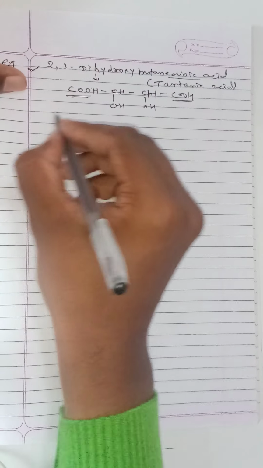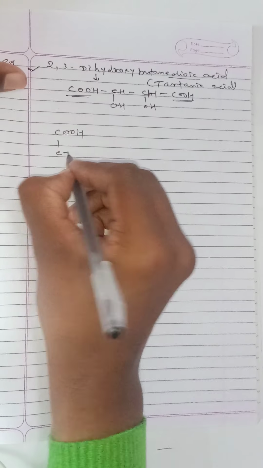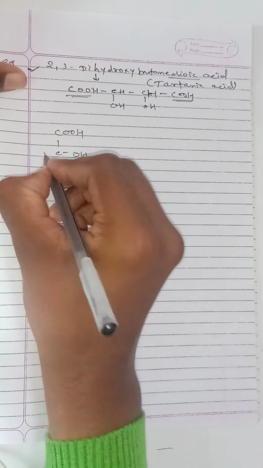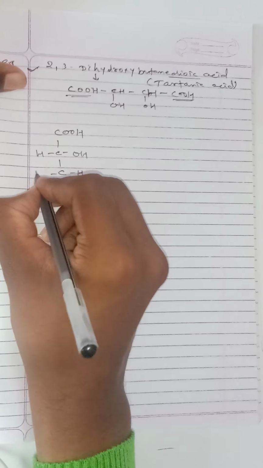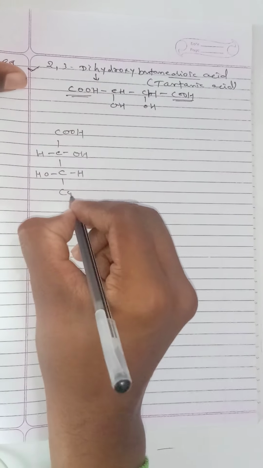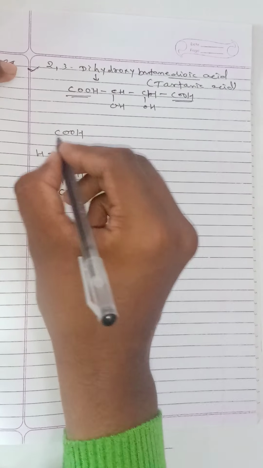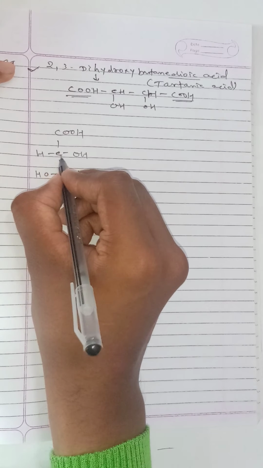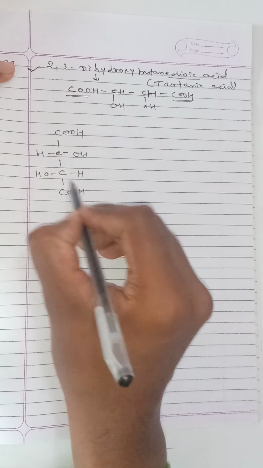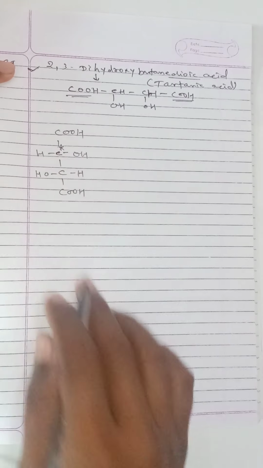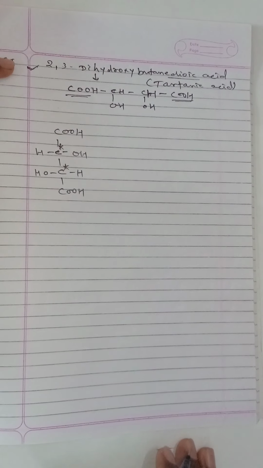Here COOH, and let's simplify this structure also: OH, and then COOH. In this case this carbon is attached to 4 different atoms or groups, so it is a chiral carbon. The same condition is here, chiral carbon.